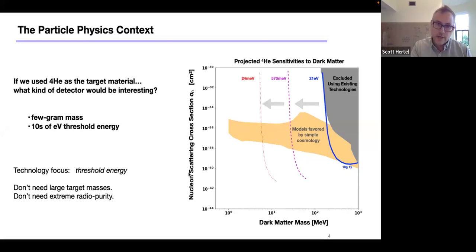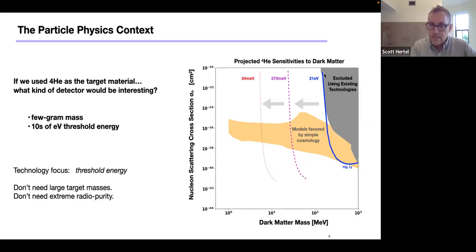We have nucleon scattering cross-section here, normalized to the per nucleon state. You see these numbers are small, 10 to the minus 40 centimeters squared cross-section scales. This corner is high cross-section and high mass. That's where we can probe things with keV recoil energies.